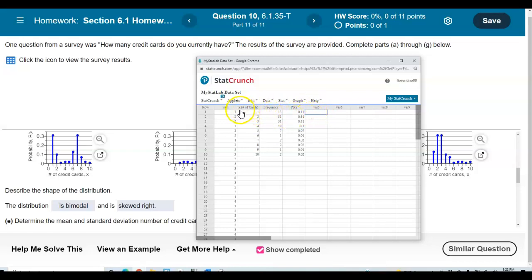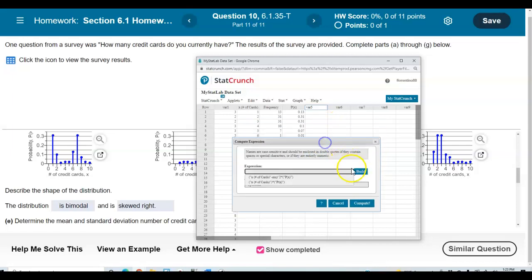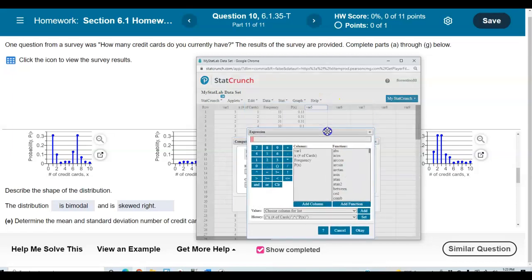So remember that in order to find the mean of this distribution, we need to take the value of x and multiply it by the probability and then add them all together. So what we're going to do is highlight the column. Okay, we're going to go to Data, and then Compute and Expression. So we're going to build an expression, meaning we're going to take this column and multiply it by this column.